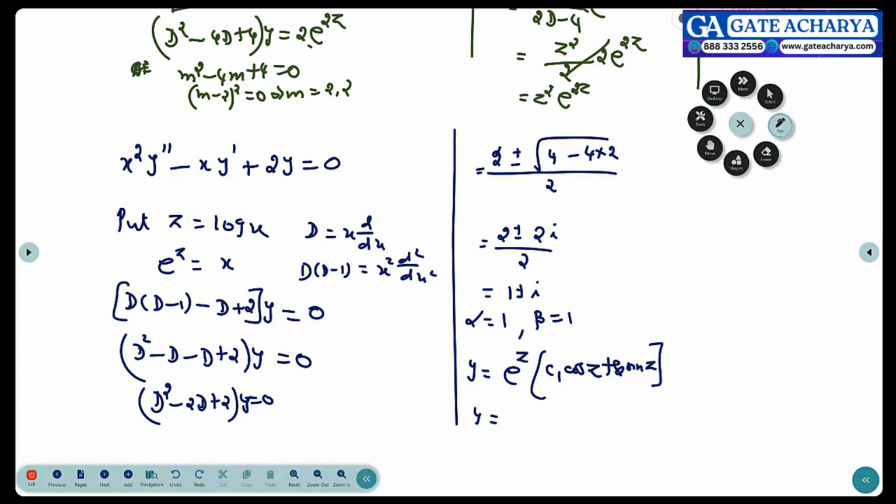E power z, so x is e power z. Therefore, x into c1 cos, what is z? Z is log x, plus c2 sin, z is log x. That's the solution. So y is equal to x into c1 cos of log x plus c2 sin of log x.